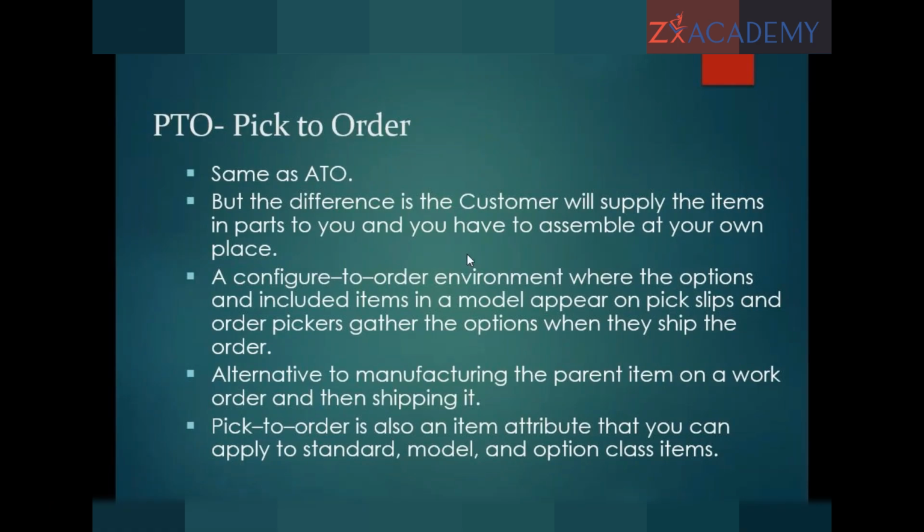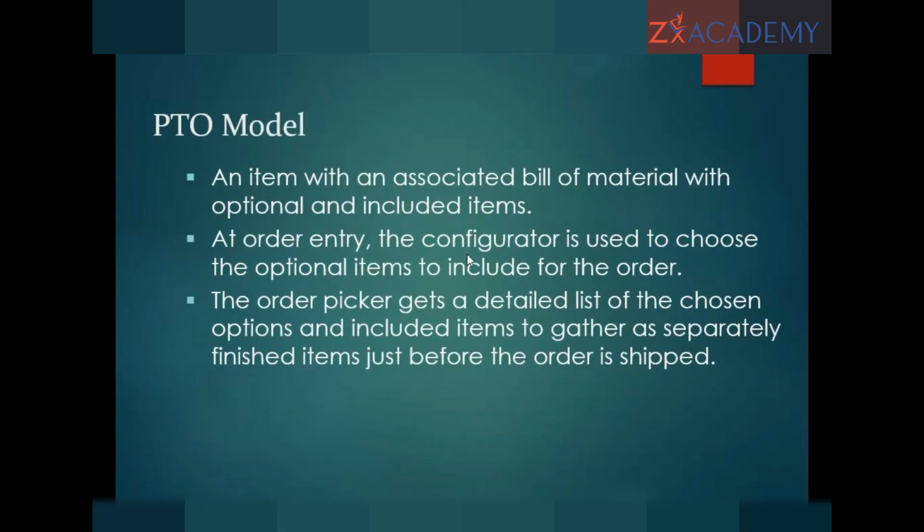Coming back to the PTO, we have the PTO model, an item with optional and included items. At order entry, the configurator is used to choose the optional items to include for the order. The order picker gets a detailed list of chosen optional and included items as separately finished items just before the order is shipped.